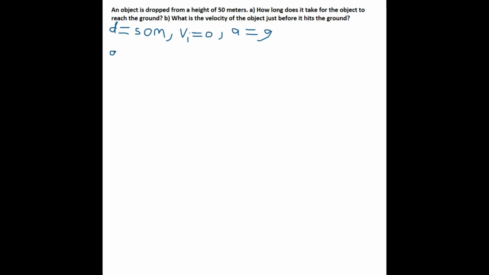So for part A, to find how long it'll take to reach the ground, let's use the formula. Distance is equal to the initial velocity times time plus 1/2 acceleration times time squared. Since we know the initial velocity is 0, we can drop this term, which will then leave us with just the distance is equal to 1/2 acceleration times time squared.